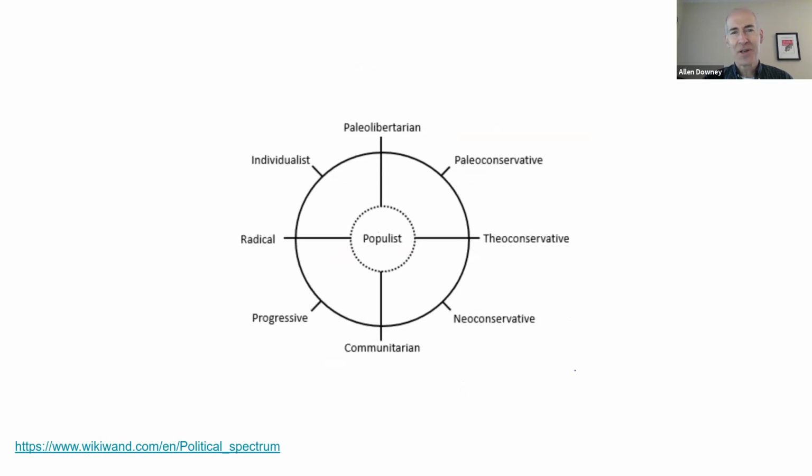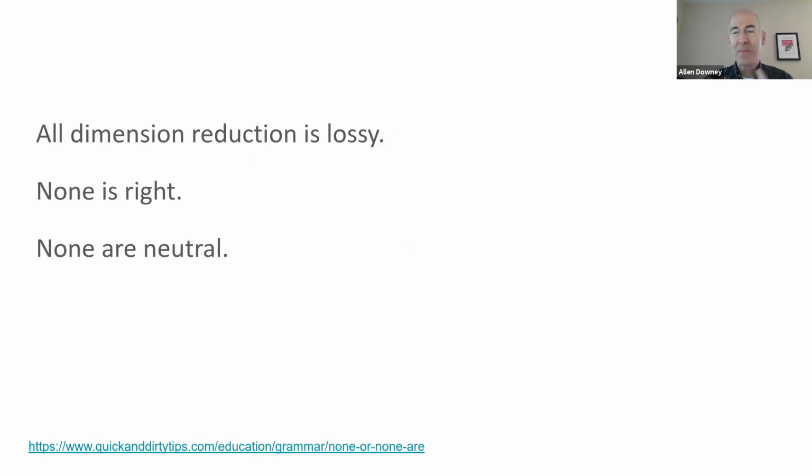And here's a version that I'm really not sure how to interpret. I just found a lot of diagrams that pertain to political ideology. And these are all the ways that people have tried to organize our thinking about this, but it's always lossy. You lose information when you reduce dimensions, and none of these is uniquely correct. And none of them are politically neutral. They all have some value judgments embedded in them.